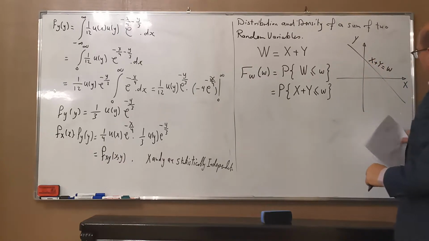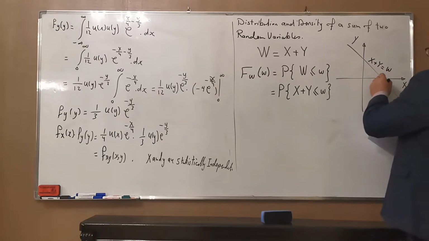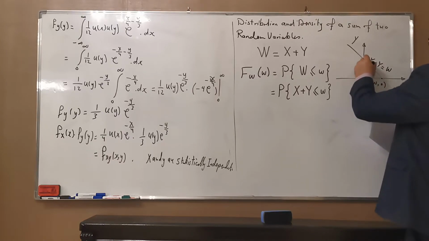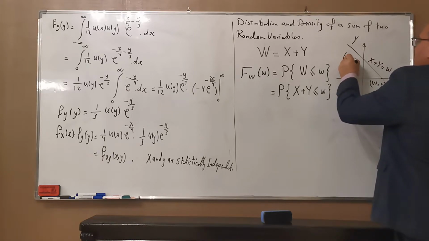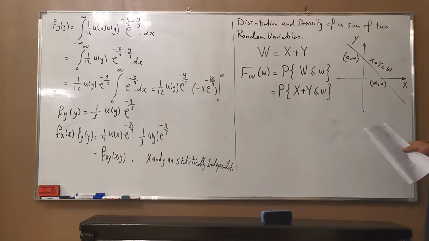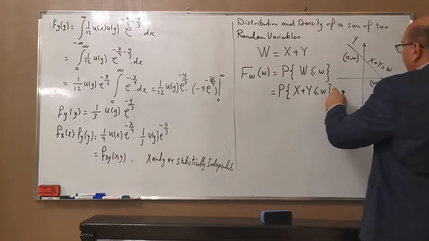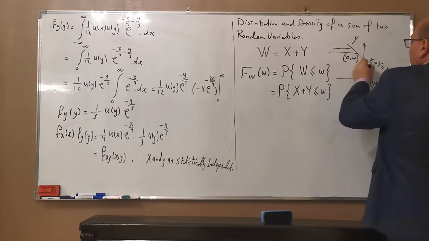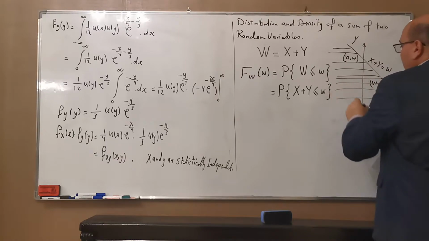So when Y equals 0, X equals w. So this value here is (w, 0). And the value here is (0, w). Now, this one here, X plus Y less than w, this is the range in the XY plane. So this is our range in the XY plane.